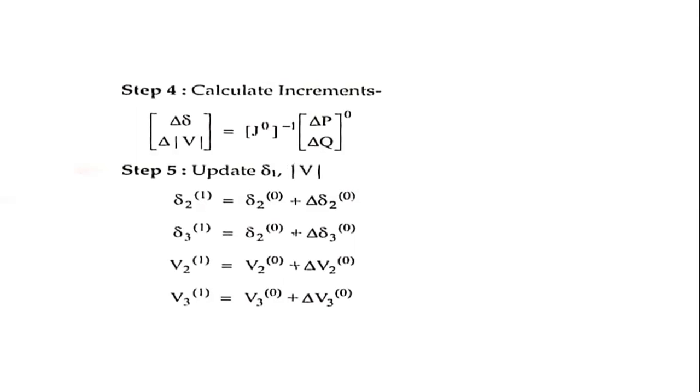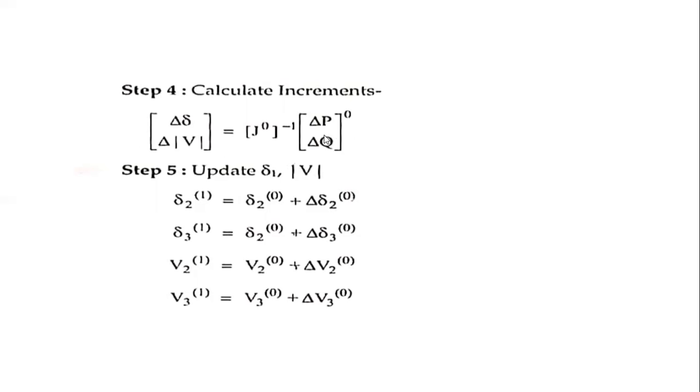Next, coming to step 4. What is that? That is delta V equal to Jacobian inverse into delta P delta Q. Why? Normally, delta P delta Q equal to J into delta V, as in the previous derivation.